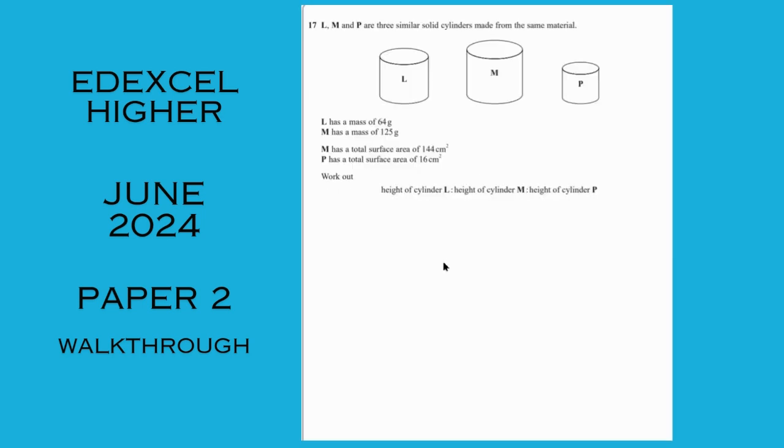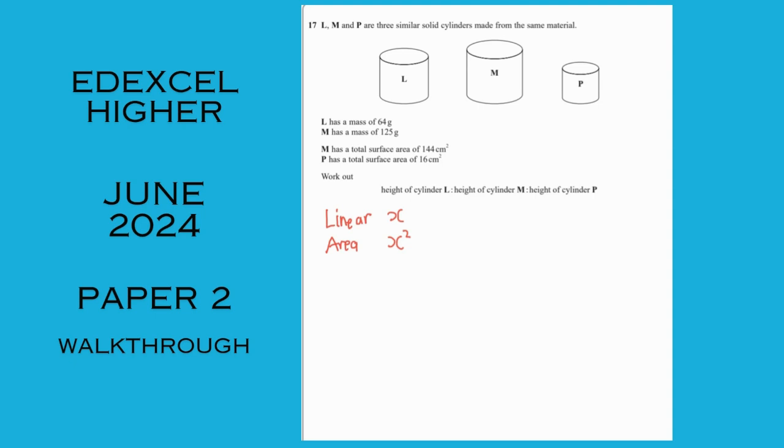So here we go for number 17. Now this is more about explaining what's going on because it's actually quite a simple question if you know about our old friend when you've got a linear scale factor. It's just a length, so you just multiply it by a number, but when it's an area, it's length times length.